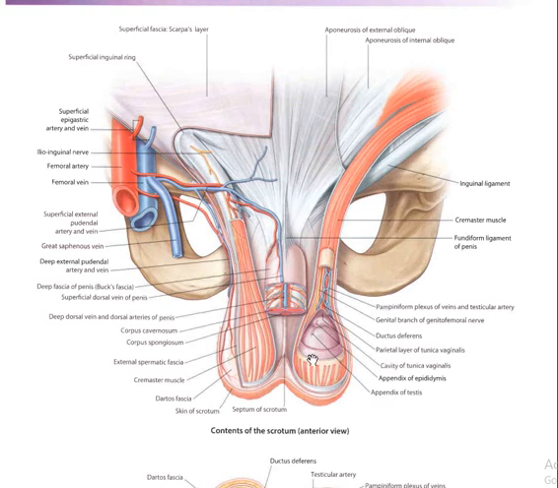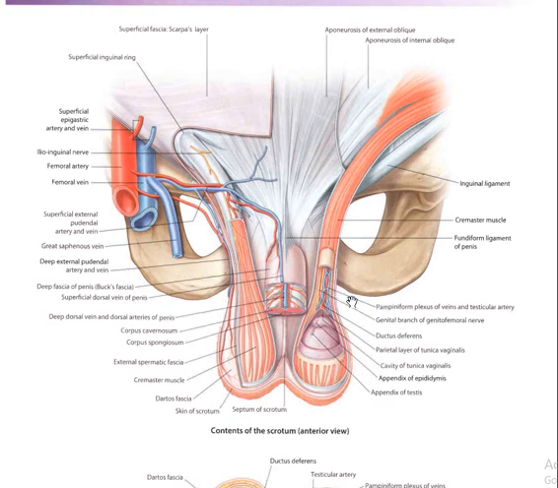The processus vaginalis is going to form the tunica vaginalis. The tunica vaginalis has the parietal and the visceral layer. Now internally again, you have the tunica albuginea with the appendix of testes and the appendix of epididymis.